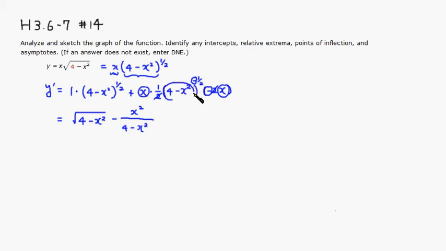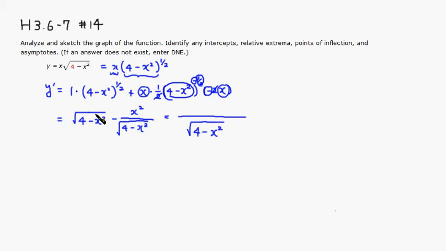Then you have still 1/2 power, which is square root. All right. Then we can combine them together by taking the common denominator, which is going to be square root of 4 minus x squared. Right?